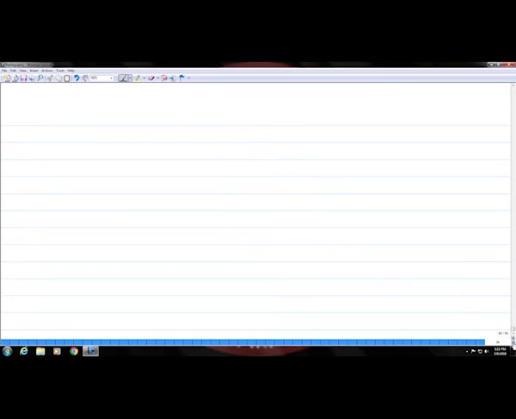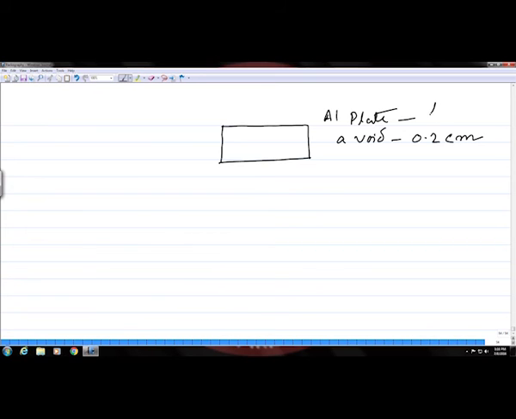We can take an example to see this. Let us say this is aluminum. So, in an aluminum plate you have a void which is 0.2 centimeter, and the aluminum plate is 4 centimeter in thickness.